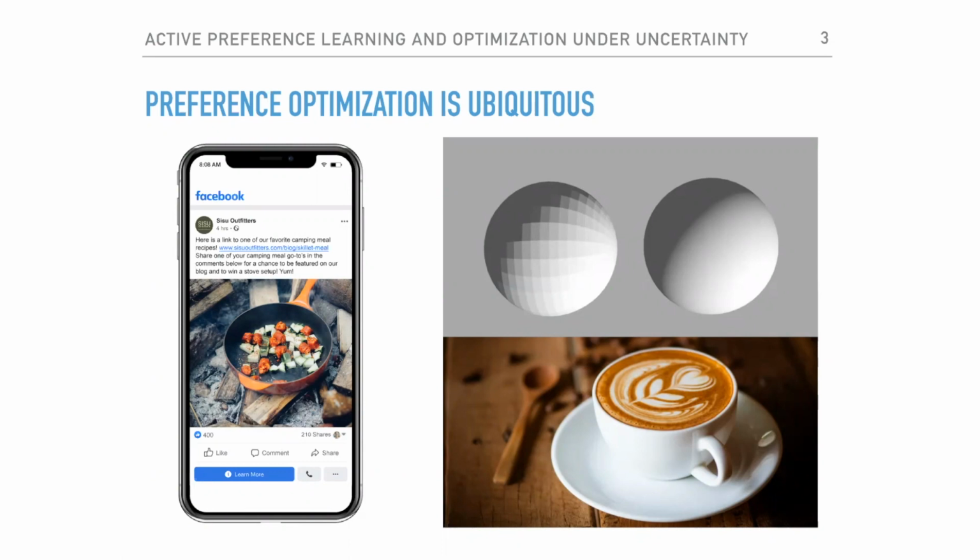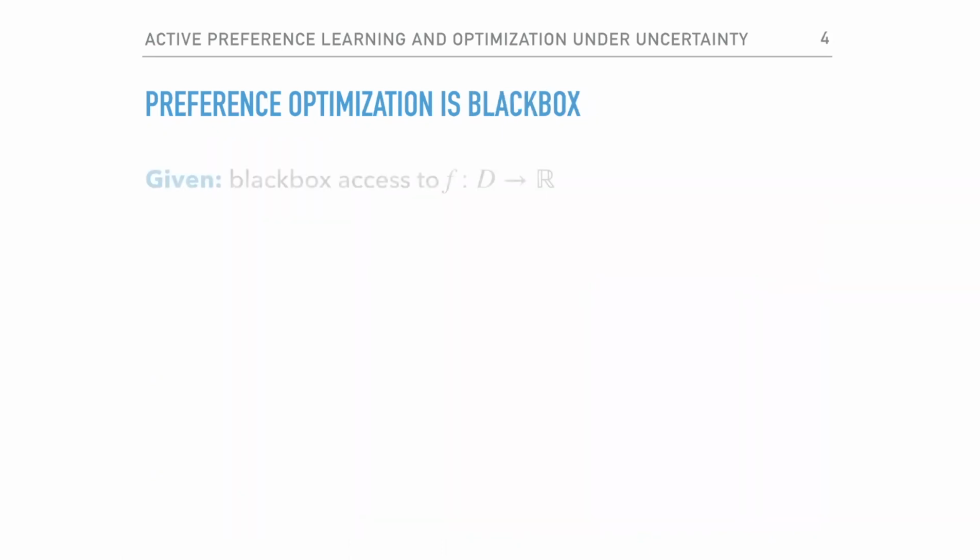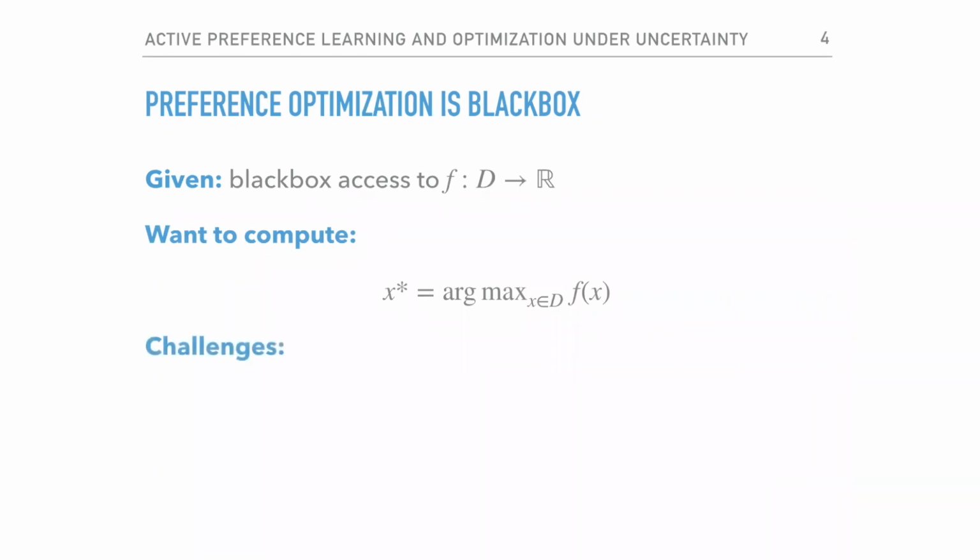So formally, the setup of this problem is that we are given access to a user's preference function f, which we also sometimes call the objective function, that is defined on some domain D. And our goal is to find the global optimum of the function, x star here, that maximizes f over the domain. But there are a couple of challenges that we have to face.